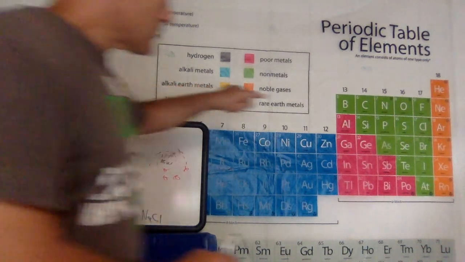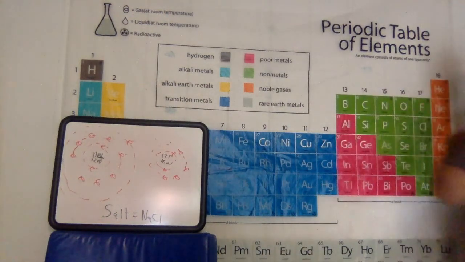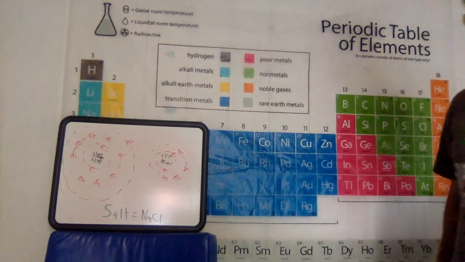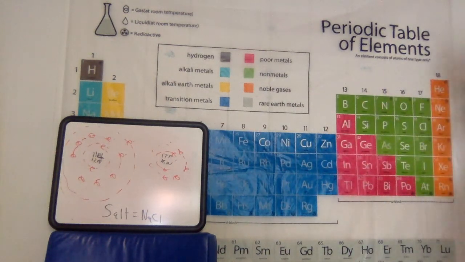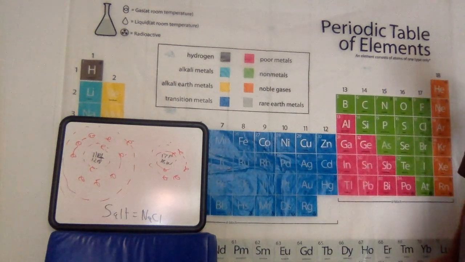1, 2, 3, 4, 5, 6, 7, 8. The second shell holds 8, because you used the 2 in the first shell, right? But I have to get 17.